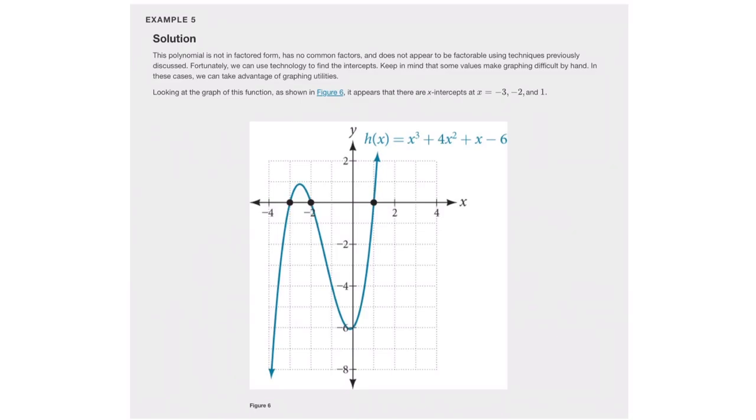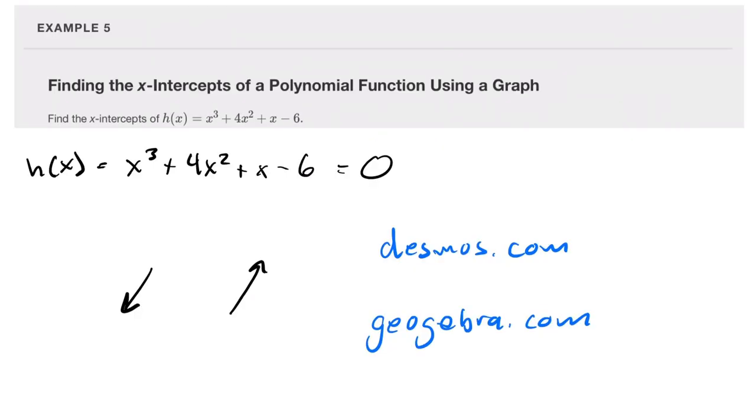I want to mention a technique that we could have used here. There is a technique called the rational zero test. It involves taking the ratio of... I think I'm getting this part backwards. I'm not really sure, to be honest.